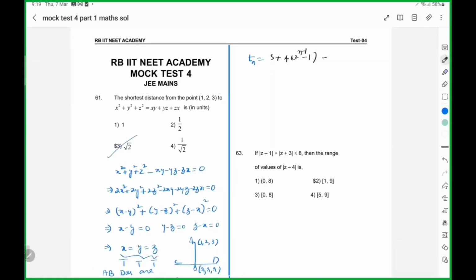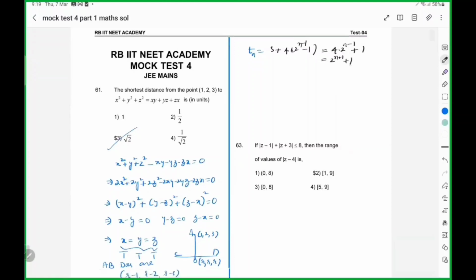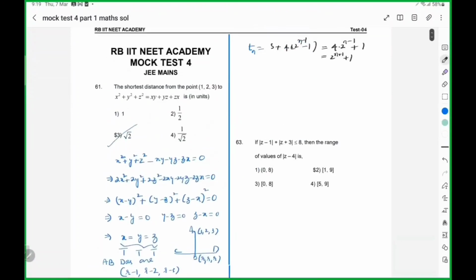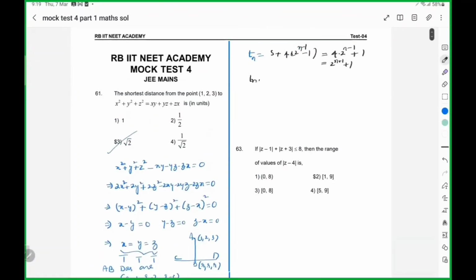If you simplify this, 4 into 2 power n minus 1 plus 1, or 2 square 2 power n plus 1 plus 1. So the nth term of the series is 2 power n plus 1 plus 1 by 2 power n, which is 2 plus 2 power minus n.